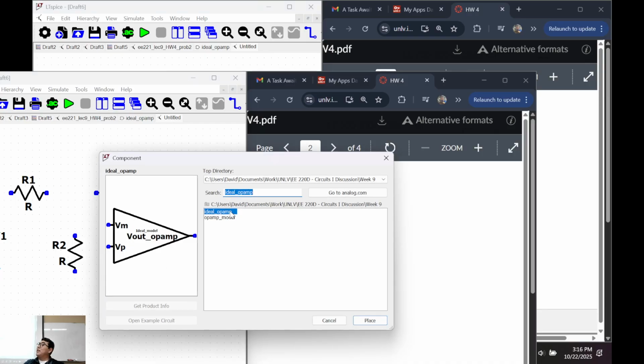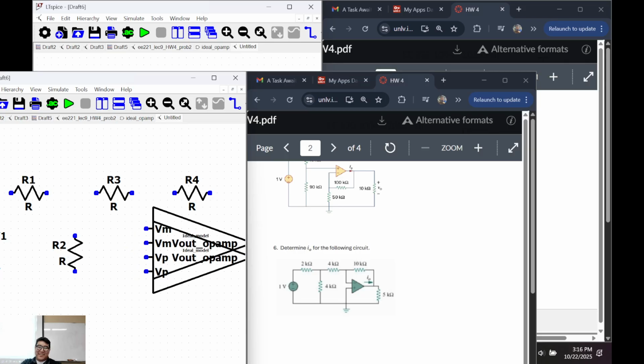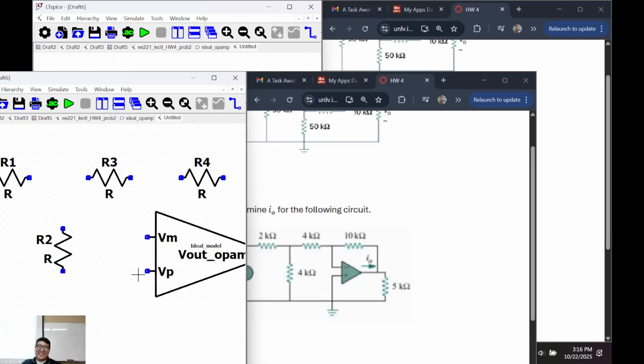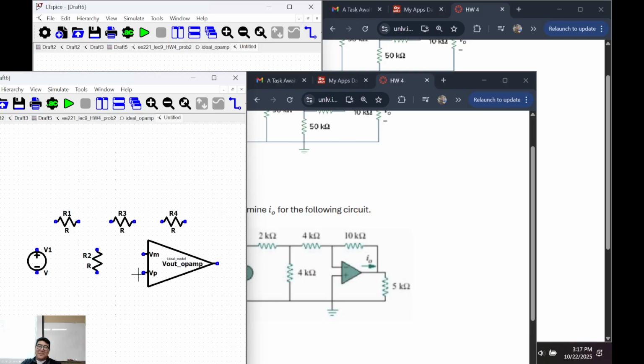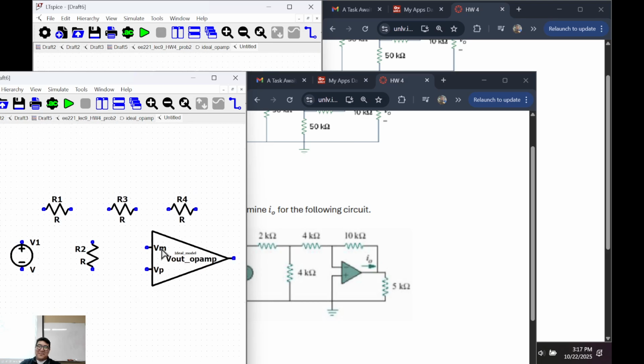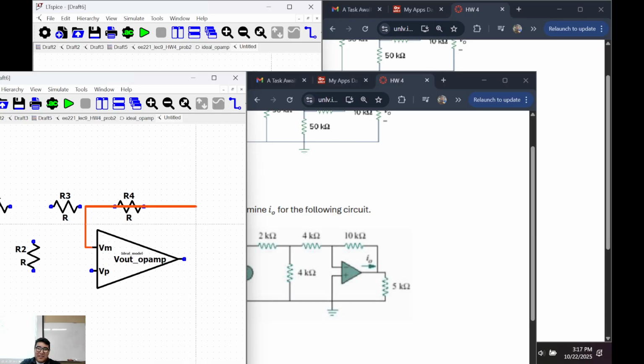Anyways, ideal, that's what we just invented. We just made this. It feels good. Put this there. Why did I put V minus on the top? Because we got V minus there. It's to match our homeworks. If this bothers you, you can flip this around in the actual symbol.